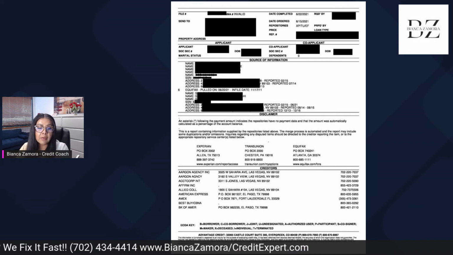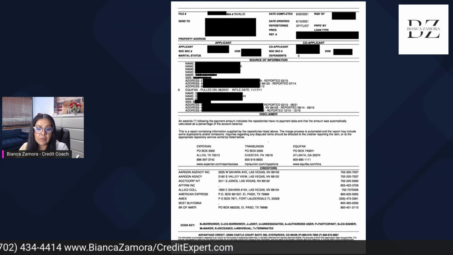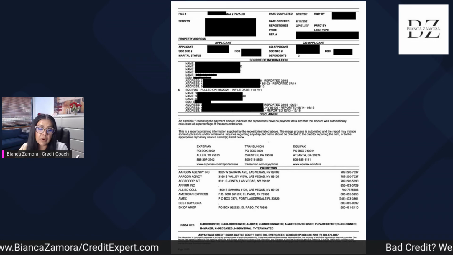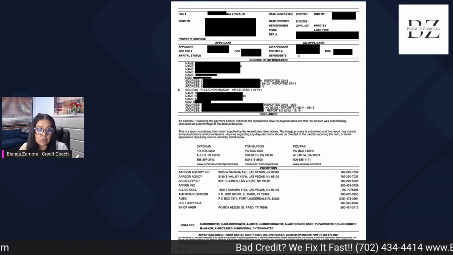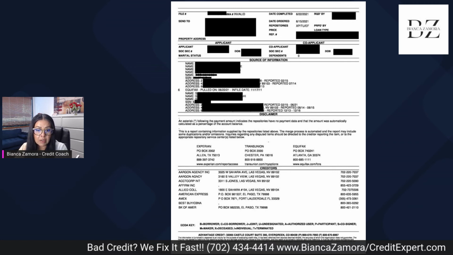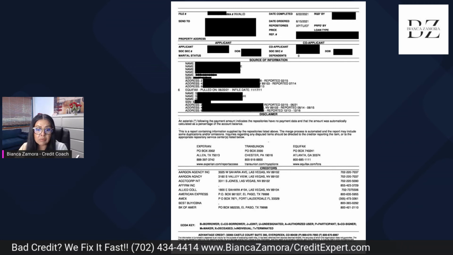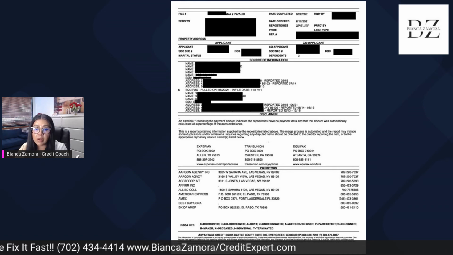Okay, so anyway, it has the personal information listed here, and then on the very back pages of the report, it's also going to have the names, addresses, phone numbers of the credit bureaus as far as what they have right now, so that if you do have questions or need to have that information corrected, you can call the credit bureau directly or mail them. And then right underneath that is going to have the creditor information.